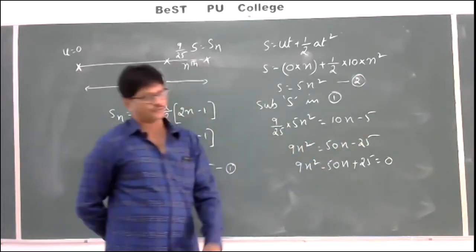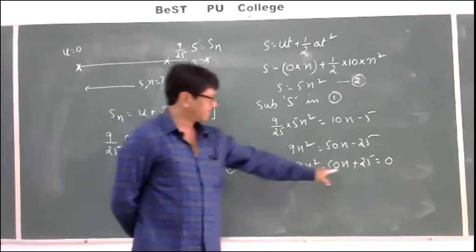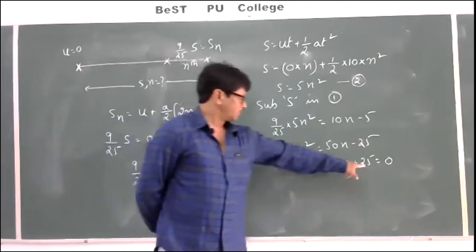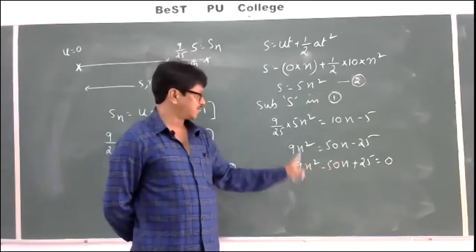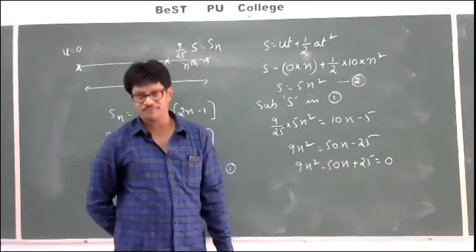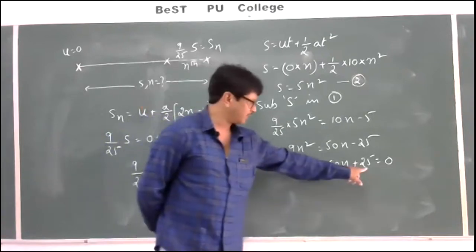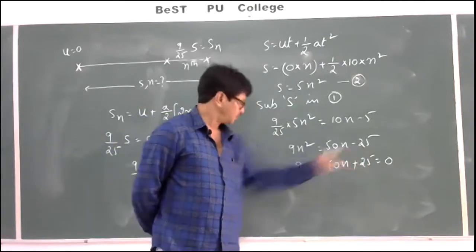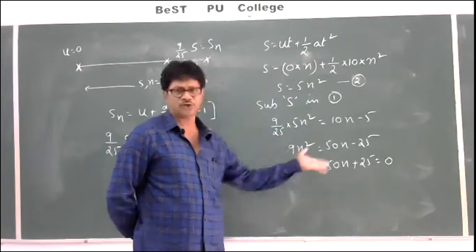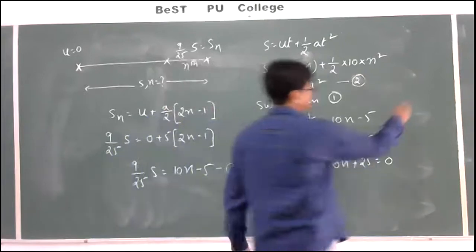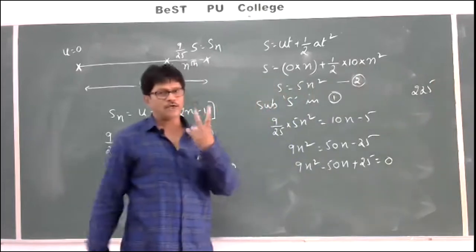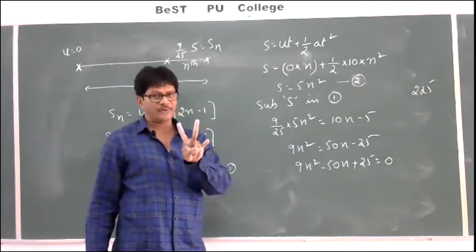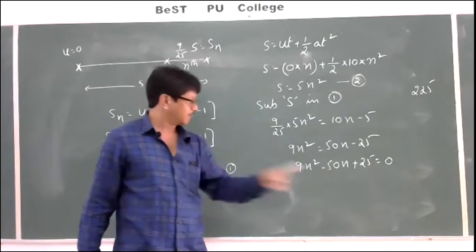N value we have to find. Now you go with the factors. 25 nines are 225, right? Because 25 tens are 250, we want nines only. By multiplying two numbers we should get 225, and by adding the same two we should get minus 50.